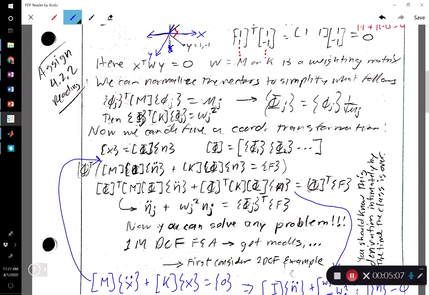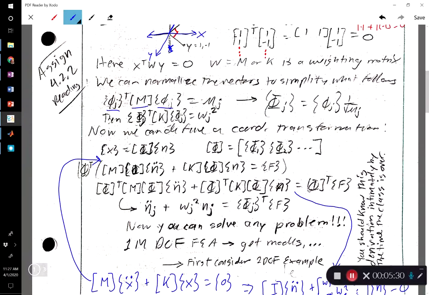Before we go forward, though, it's helpful to normalize the vectors so that we get a cleaner answer. And so we usually do that with respect to the mass matrix. If we take the jth eigenvector unscaled, transpose times M times that same eigenvector again, we'll get some number. And we call that mu sub j.